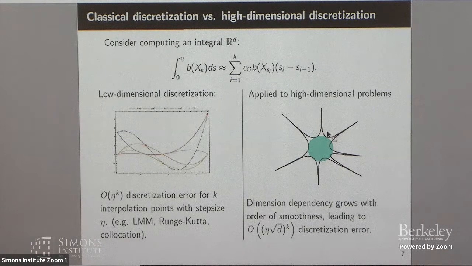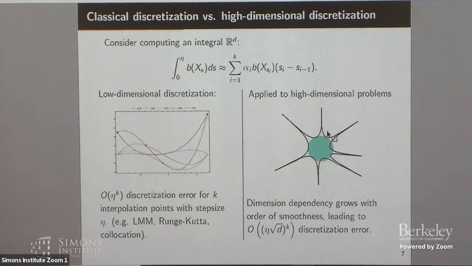For one-dimensional or low-dimensional problems, such as solving a one-dimensional ODE, you have methods like linear multi-step methods, Runge-Kutta methods, and collocation methods. These methods take a few interpolation points and approximate the integral using a Lagrange polynomial, and sometimes you also need to solve a fixed-point equation associated with the discretization method. If you have k interpolation points, you can get, roughly speaking, eta to the k discretization error, which is very small and very desirable.